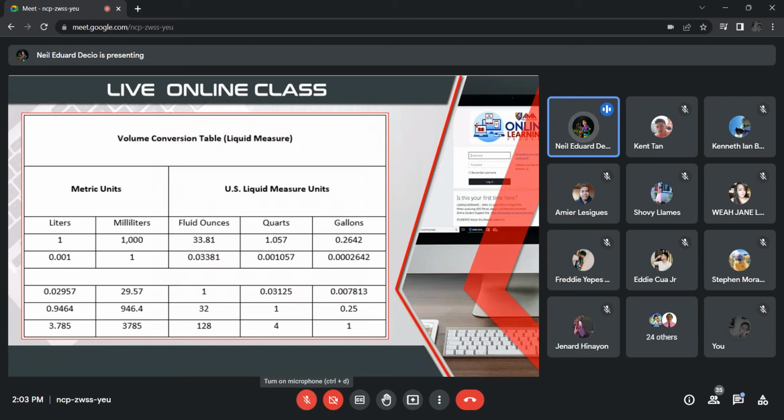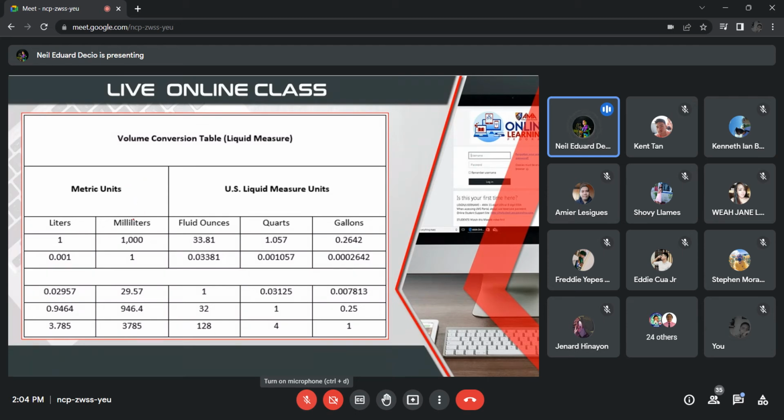Okay, and then we're comparing that also to the SI unit for volume, which is liters. Diba liter yung base natin for volume sa SI unit. And then included din dito yung prefix, okay, lower than a liter, which is milliliter.